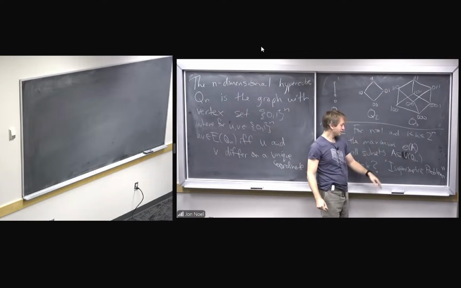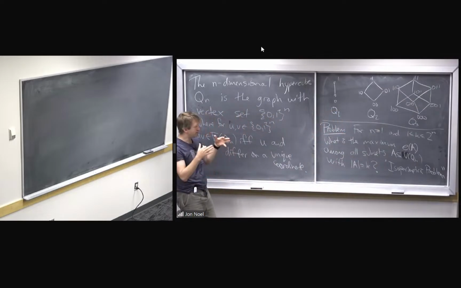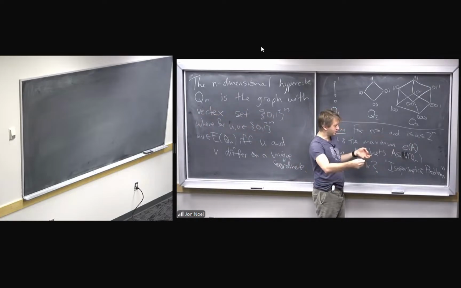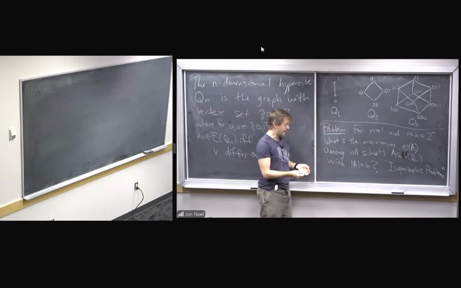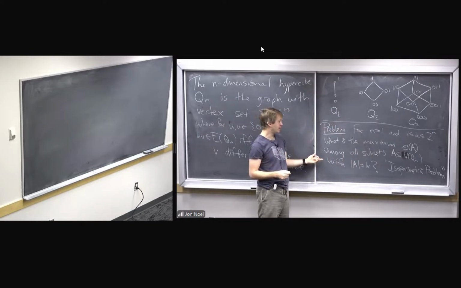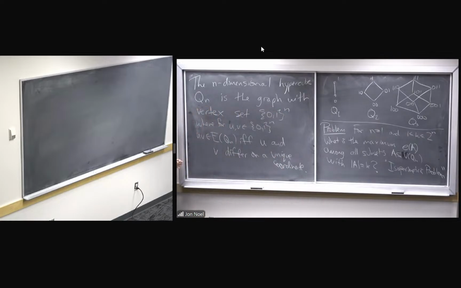So this is a similar type of problem, except we've got a fixed number of vertices. That's like the fixed perimeter. And instead of maximizing the area of the shape that you make, you're maximizing the number of edges, right? Questions about that? Okay.